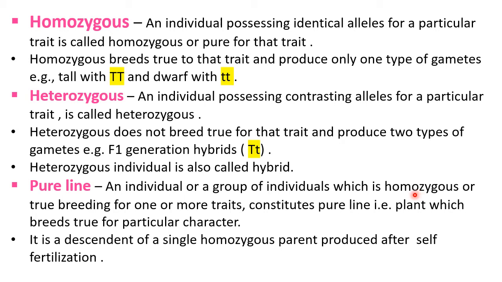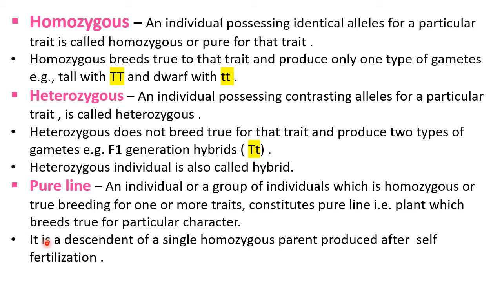For example, the pure tall plant shows both similar genes represented by capital T, and the pure dwarf pea plant shows both small t. So these are called homozygous, or homozygous also means these are true breeding for one or more traits and constitute a pure line, that is a plant which breeds true for a particular character.